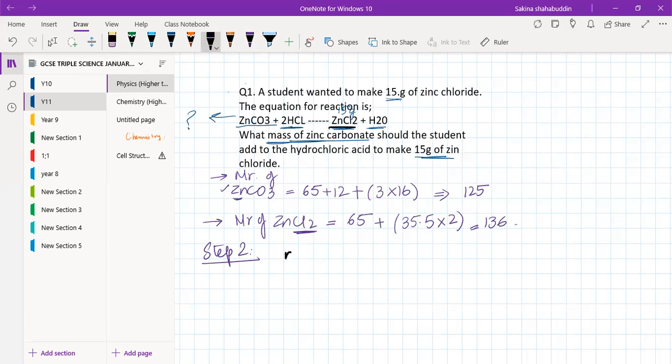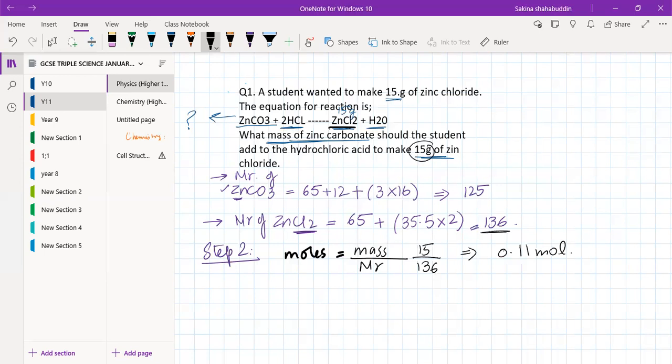So we learned the formula: moles equals mass divided by MR. Now the mass given here for zinc chloride was 15 grams, it is given in the question, and MR we calculated to be 136. I have simply plugged the values into the formula. All you need to do is just remember the formula and the steps.